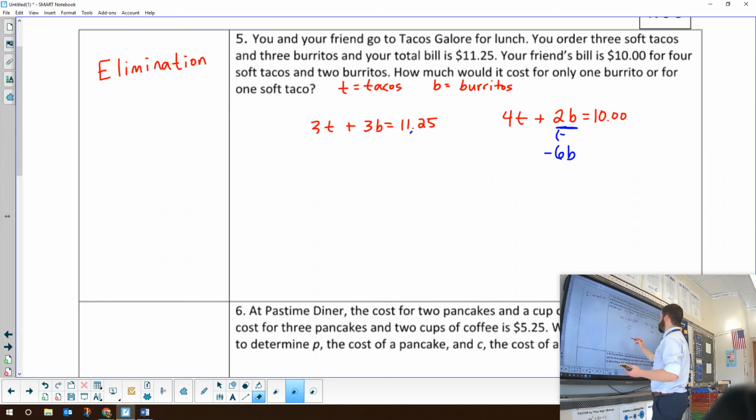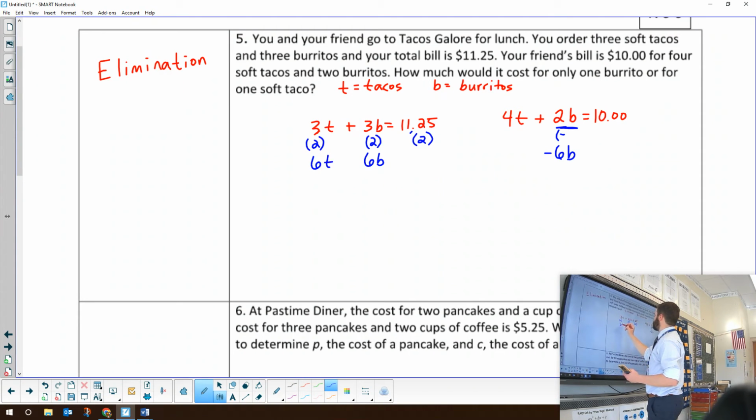Okay. So I'm going to multiply. I still want this to be positive 6b, so I need to multiply by positive 2 to all of this. So if I multiply by positive 2, that's going to be positive 6t, and that's going to be positive 22.50, or 22.5. Over here, this is where we're going to multiply by negative 3.